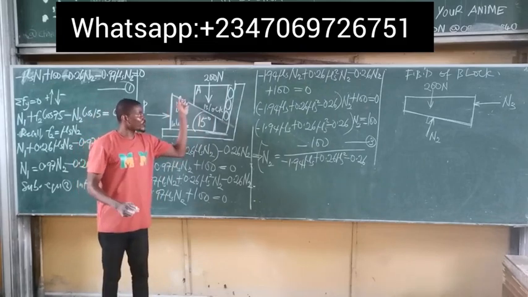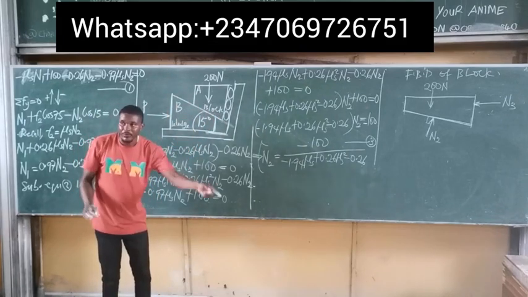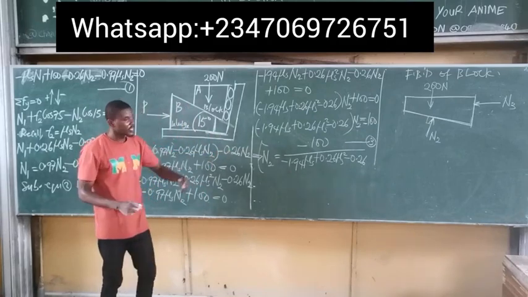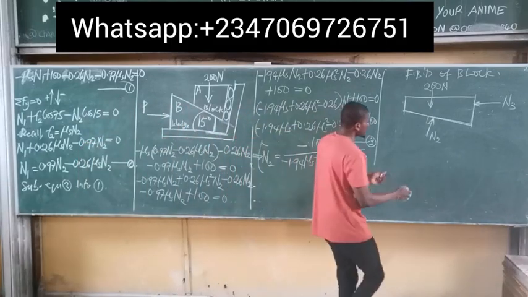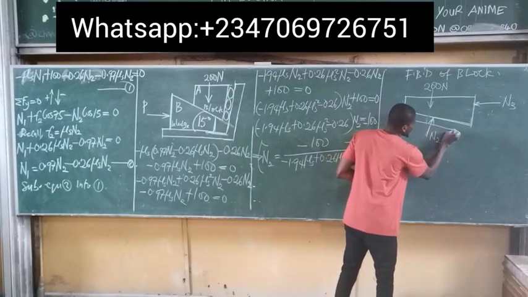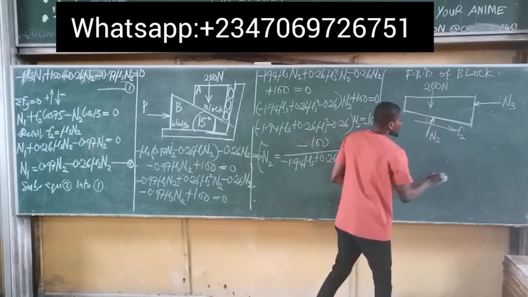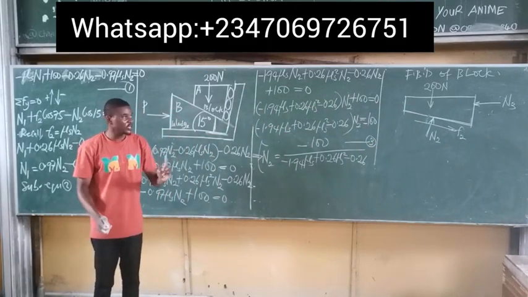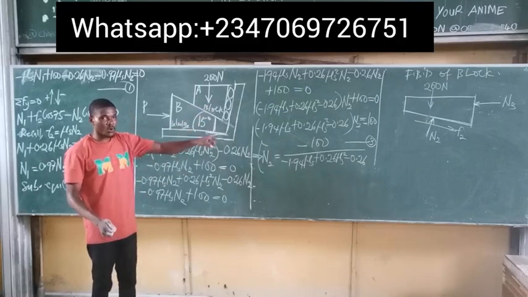Where will the frictional force act on the block? Down, opposing that motion. So we will have frictional force down the plane, F2. It is still the same frictional force acting on this surface, but now in the opposite direction due to the motion of the block.